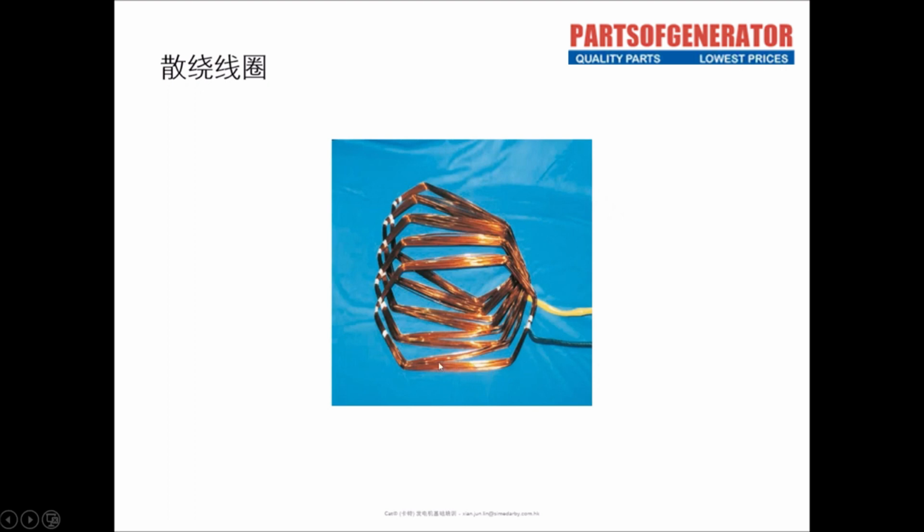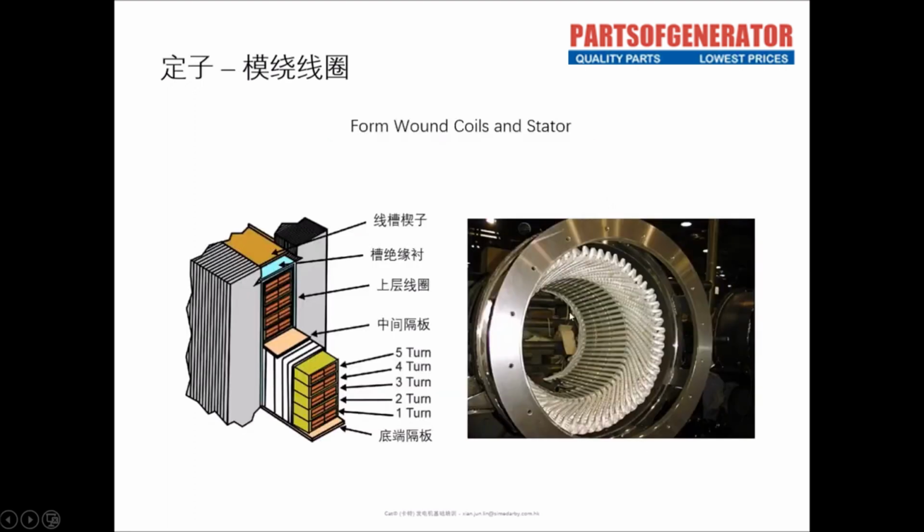This kind of enameled wire is composed of strands that are put together one by one. Between these small strands, you can see that they are squeezed together with other turns of coils, and they are arranged together in a relatively irregular manner. This form of coil is called a loose wound coil.